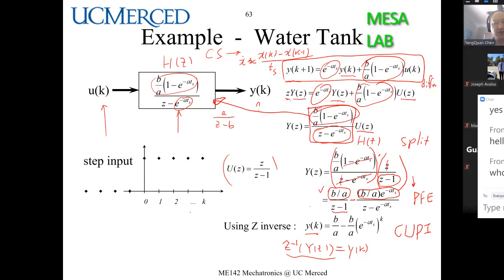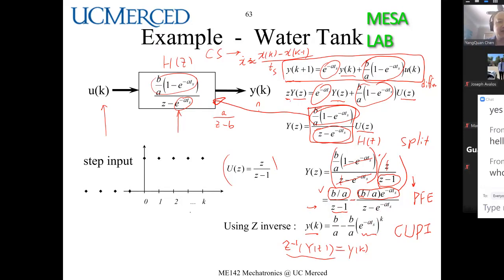Now, with this one, you can use the Z transformation table. In the final exam, we will give you the Z transformation table, okay? We have that one in our textbook. So if you know that this is B divided by A, this is just a 1. And here is the exponential. This is lambda, right?